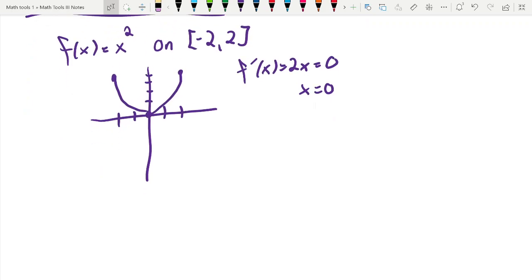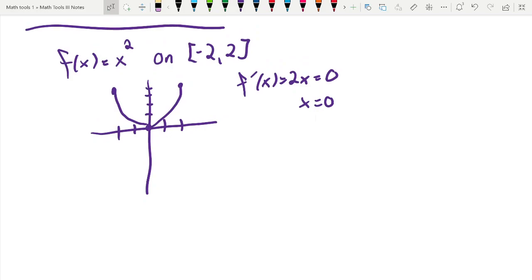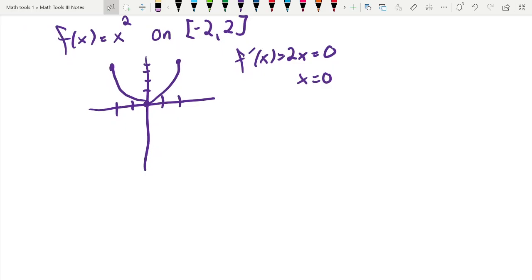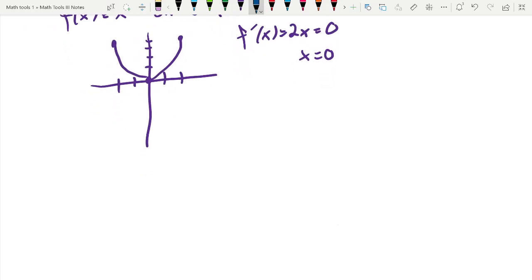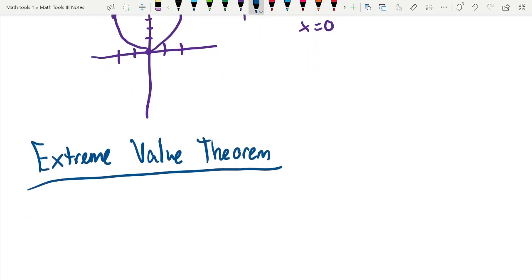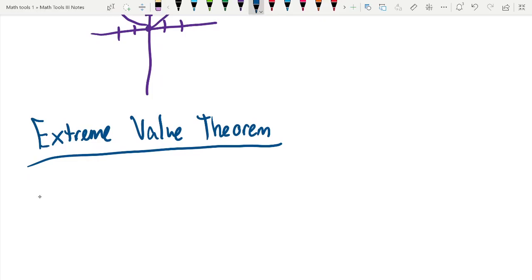So first, let's just go ahead and set up some theorems that we're going to use in finding these. So first up, we're going to need the extreme value theorem. Okay, and we had a version of this with single variable functions. So this is just going to be the analogous version for multivariable functions.